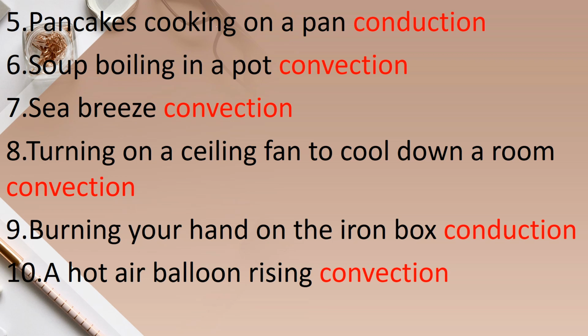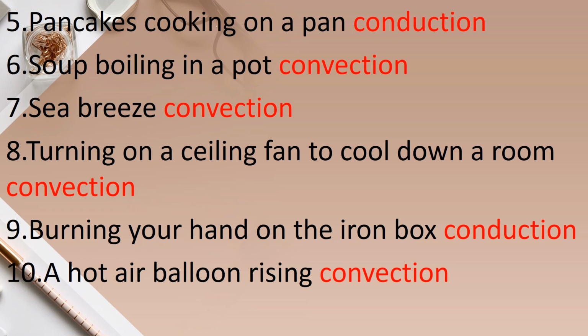Eighth one, turning on a ceiling fan to cool down a room. If you switch on the fan, the room will cool, so it is an example of convection. Why? The hot air will move upwards and the cool air will stay at the normal level. Ninth one, burning your hand on the iron box.